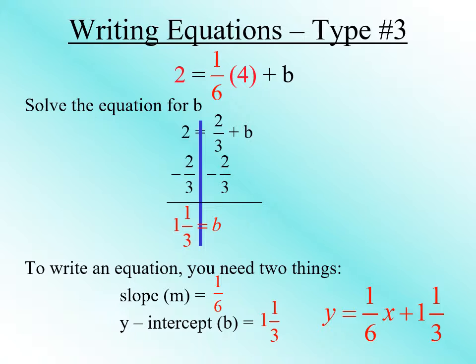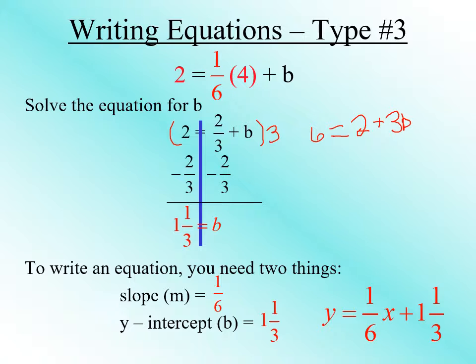Okay, so another option is we could have then multiplied this whole thing by 3 to get rid of the fractions. So we have 6 is equal to 2 plus 3b.